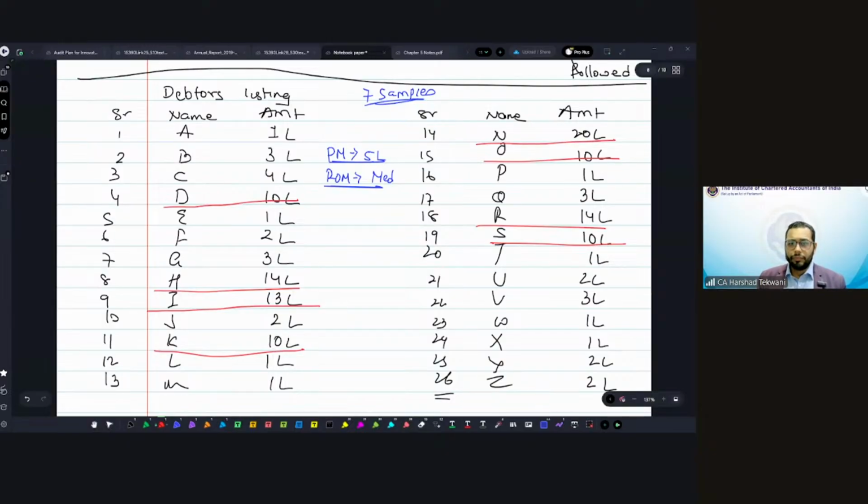I will see how many items are there above 5 lakhs, and below 5 lakhs also I will choose 7 items in total. Above, I will go for 5 items; below, 2 line items. Totally 7, based on my professional judgment.